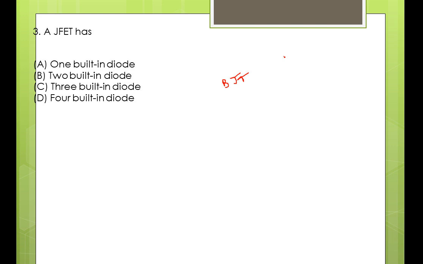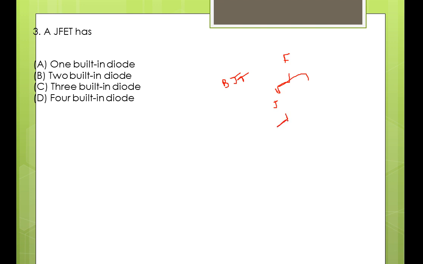In FET we have the classification of JFET as well as MOSFET. The JFET is the junction field effect transistor.